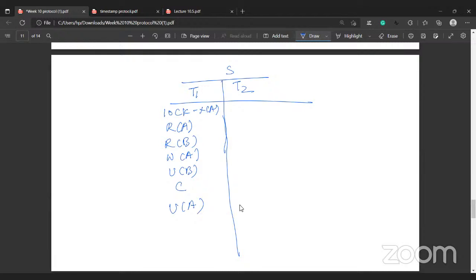And then lock is applied on B, and exclusive lock applied, write A, and the commit happens, C1, C2, then unlock. So does this follow the 2PL locking protocol? Anyone?